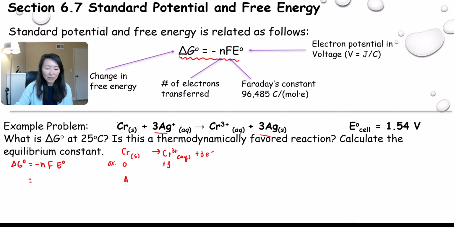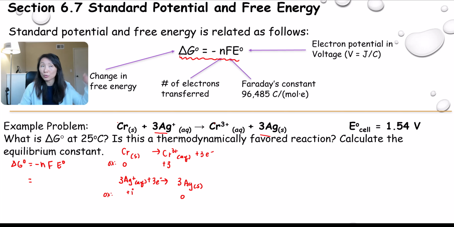Let's check for silver. Silver, Ag plus, is reducing to 3 silver. So this is plus 1, and there is 0 over here for its oxidation number. And you need to add 3 electrons to get to neutrality, not 1, because it has 3 silver.